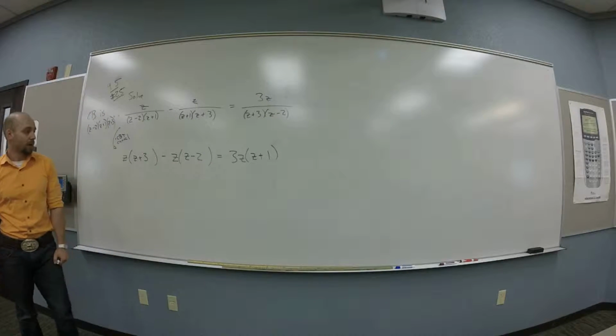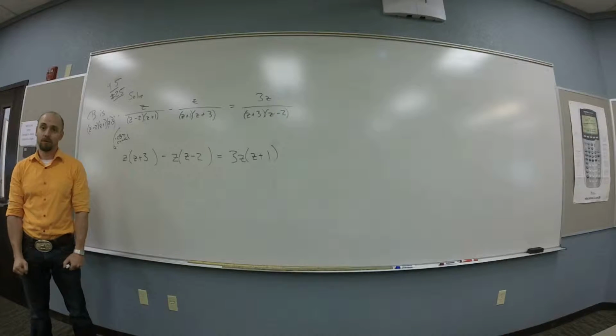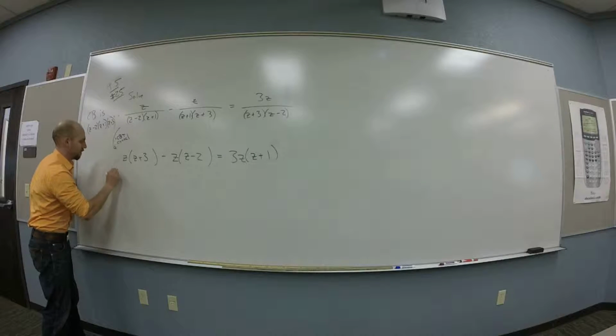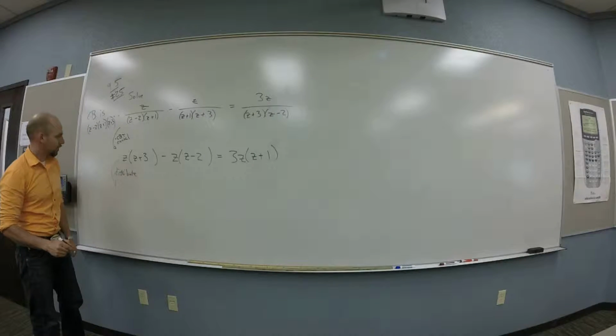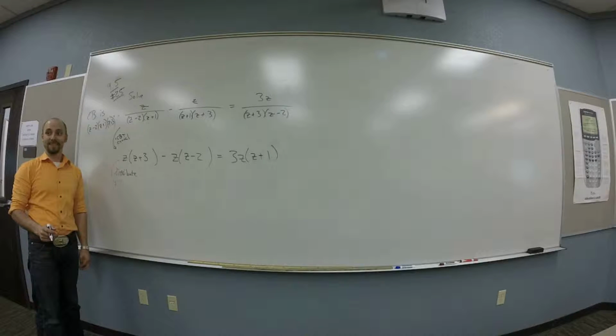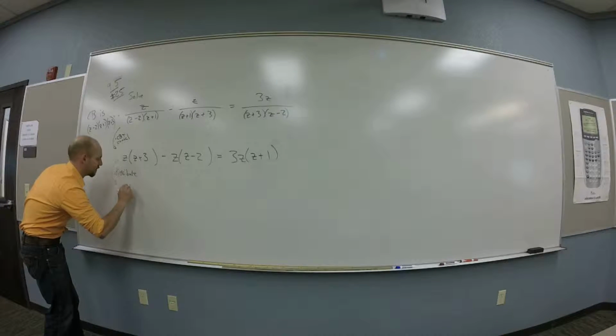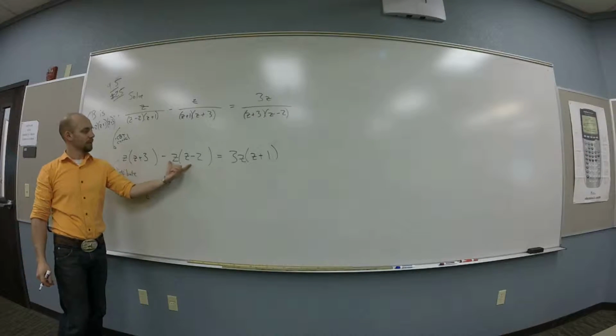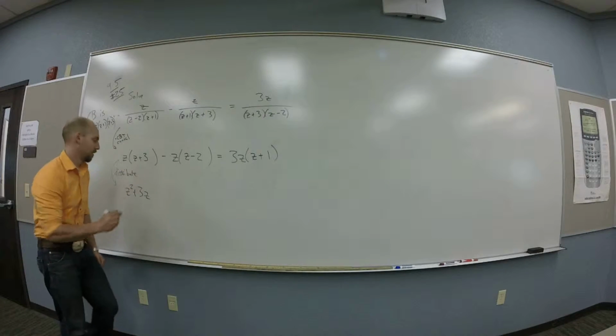Okay, so now that I'm here, what do I do? Yeah, now I should distribute. So if I distribute, what do I get out of the first stuff? Z squared plus 3Z. Okay, and then out of this stuff, what do you get? Minus Z squared.